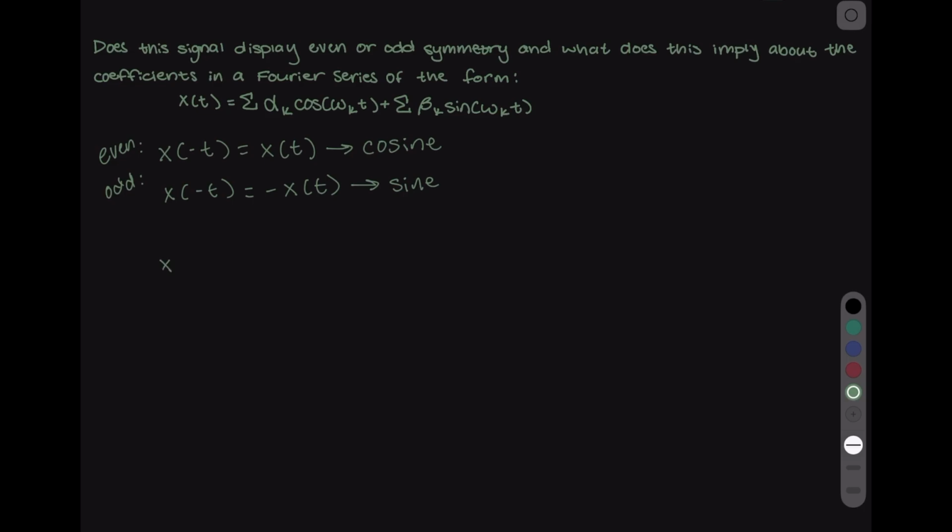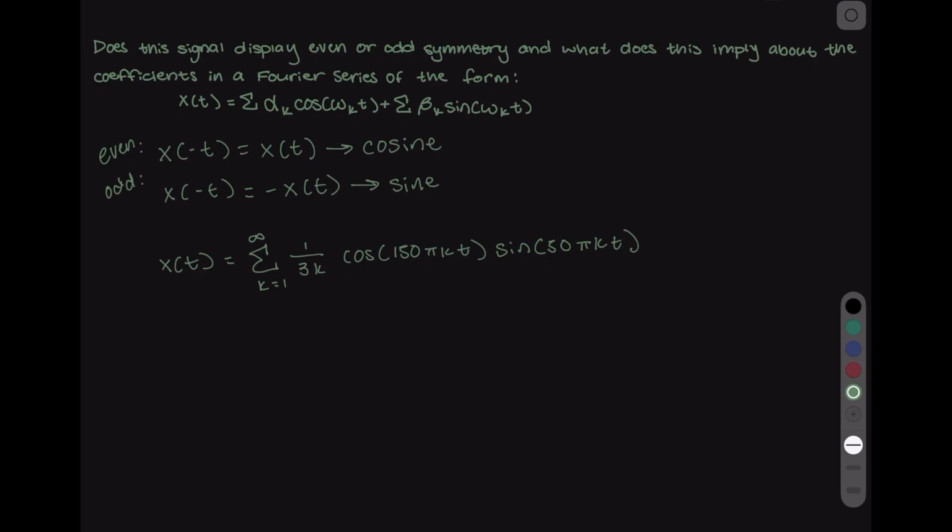It was x of t is equal to the sum from k equals 1 to infinity, 1 over 3k of cosine 150 pi kt times sine of 50 pi kt.